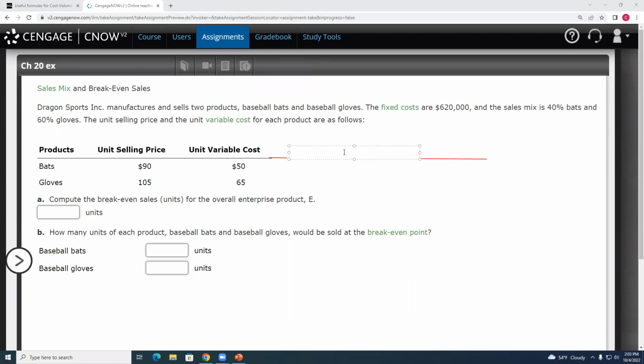I'm going to have a calculation for contribution margin per unit. Then I'm going to have another column for sales mix. And then the final column I need here will be the weighted average contribution margin per unit.